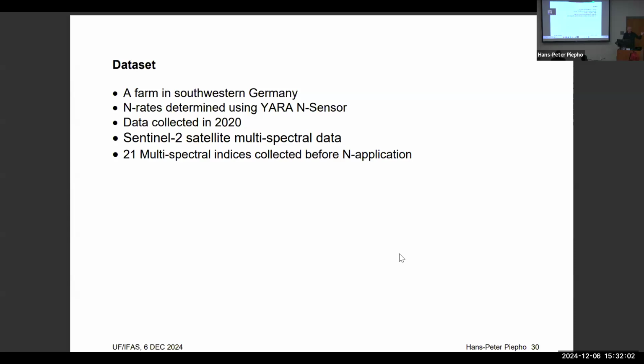The key idea is that with this kind of data, although you have this algorithm which tells you how much N to apply in each position, very likely in many cases the amount of N applied was not optimum. So there's going to be some variation of the actual N applied around the optimum, and that gives us some space to actually fit a curve and then estimate the optimum.